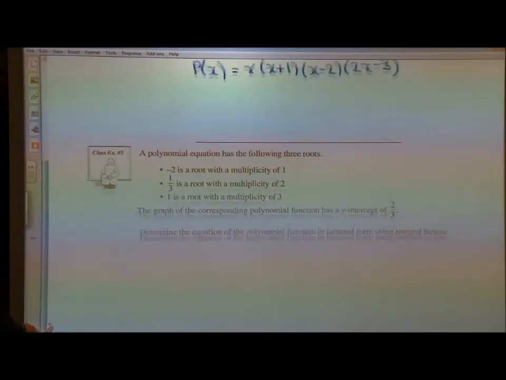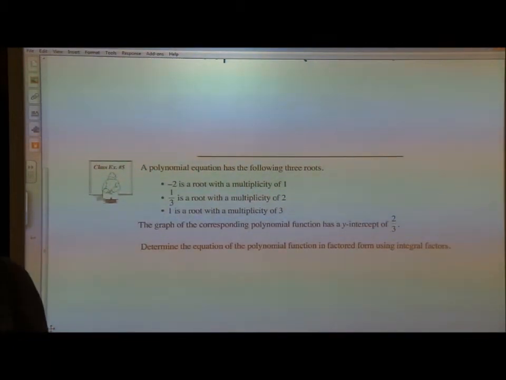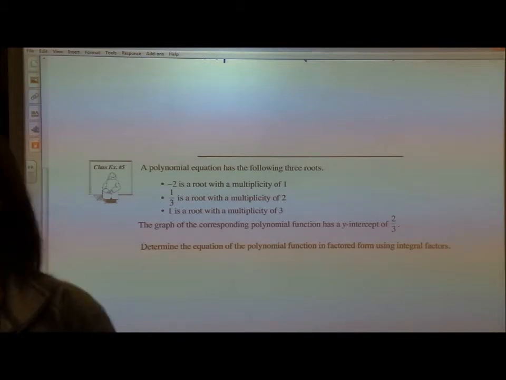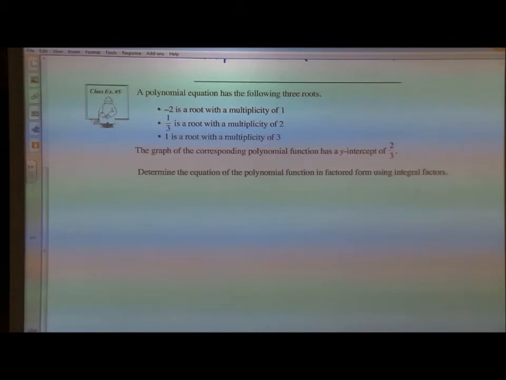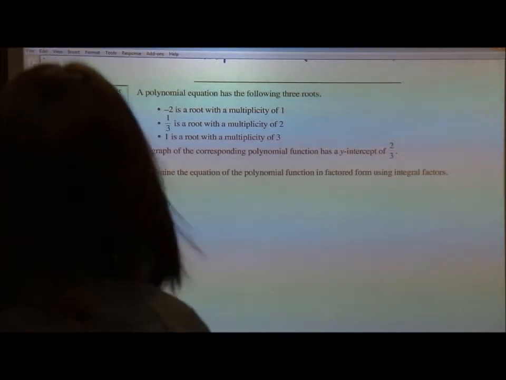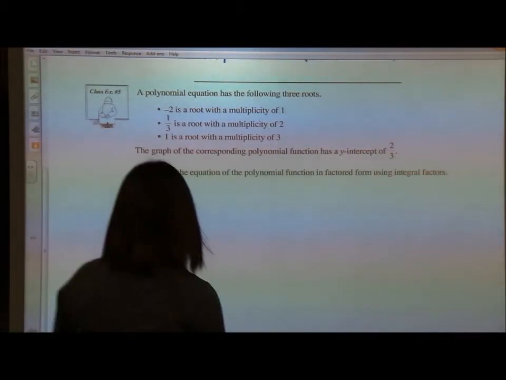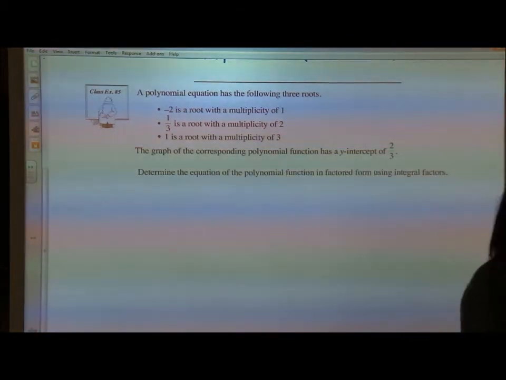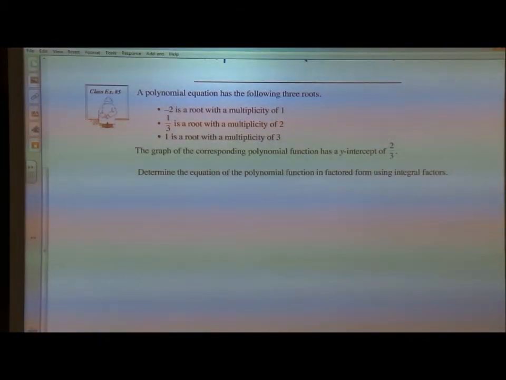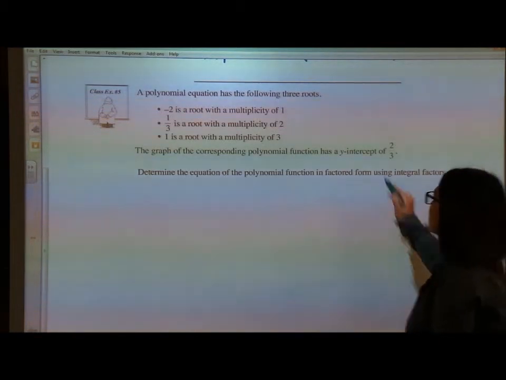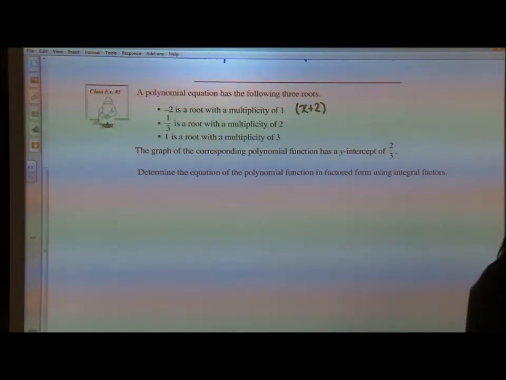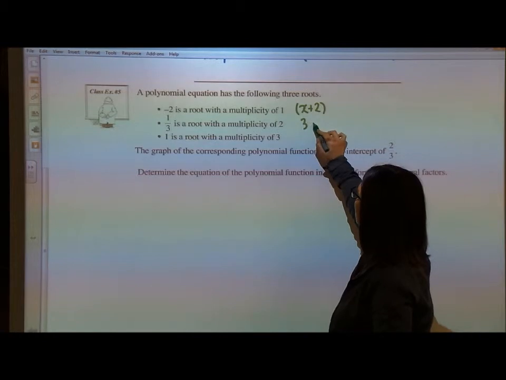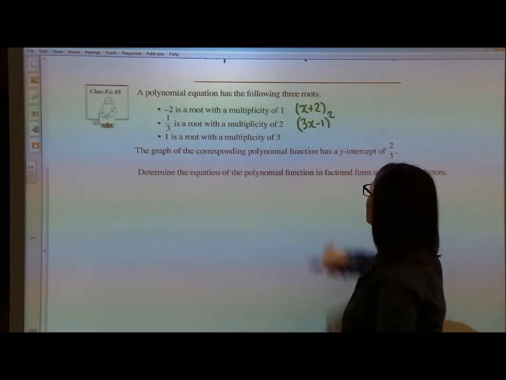Okay, so I'm going to give you a couple of minutes. I want you to try to do class example number 5. Okay, so let's look at class example number 5. If negative 2 is a root, what's the factor? If 1/3 is a root, what is the factor? 3x minus 1, and then it's squared because of the multiplicity, good.